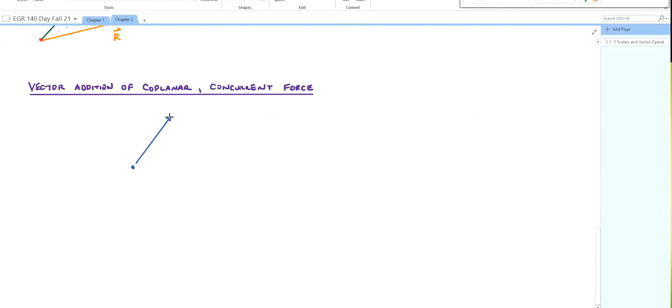Let's say we have vector P, vector Q, and vector S here. So this is what we're given, and we want to find the resultant.